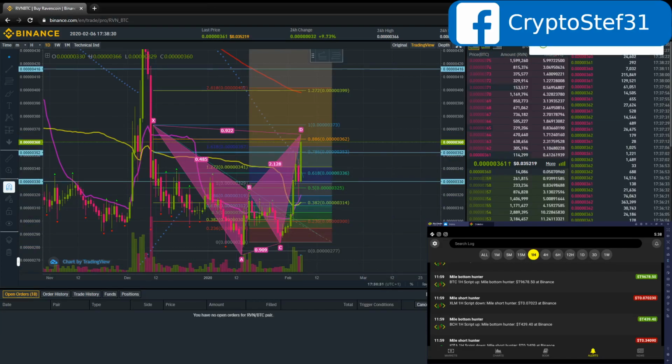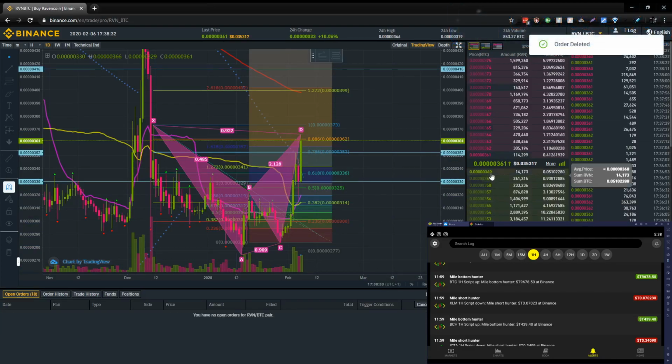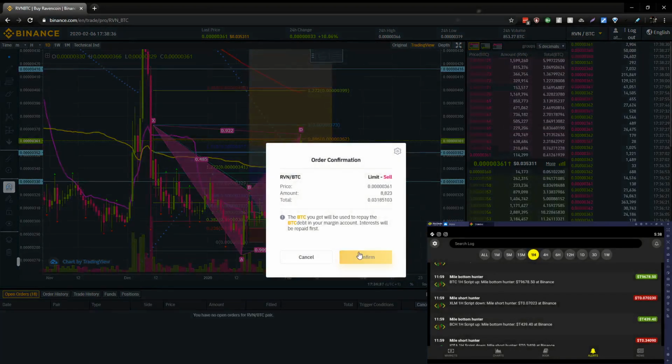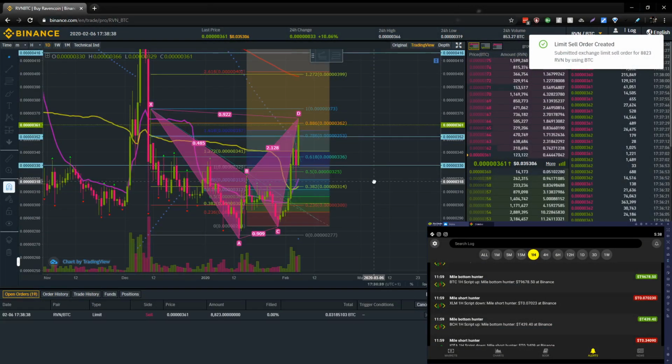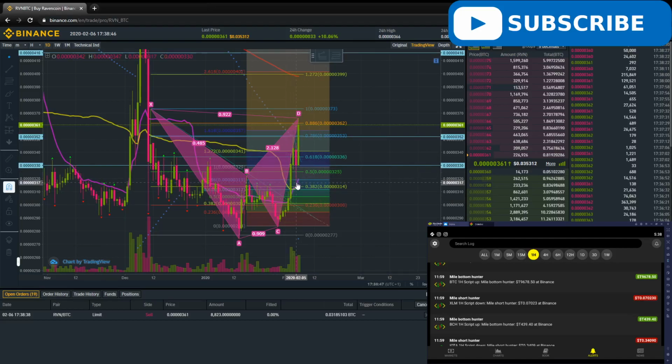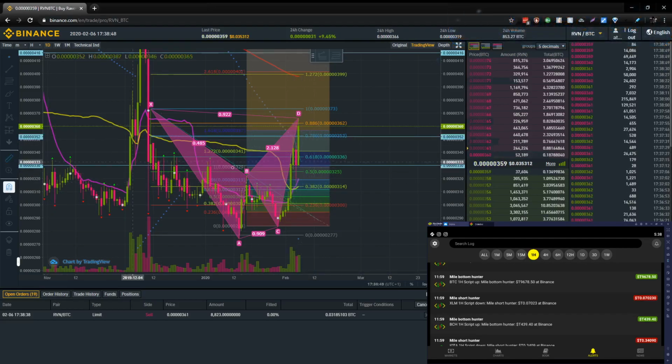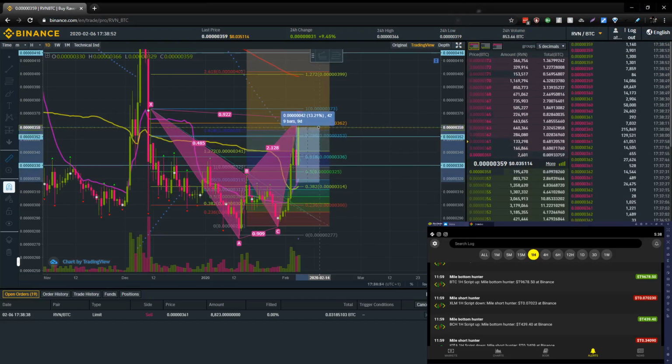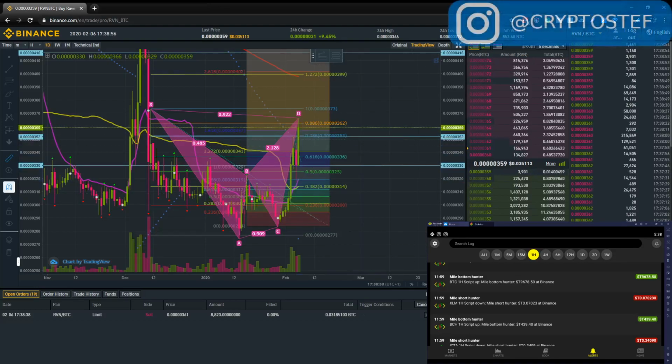Cancel, because I'm thinking that there is no point in holding so much more. And let's take profit. So I bought it at this low, and right now if I sell, I have a profit of 13% gain, 13 to 14% gain.